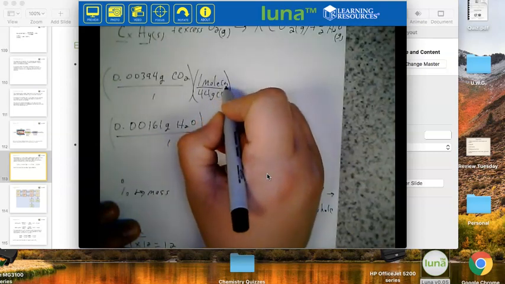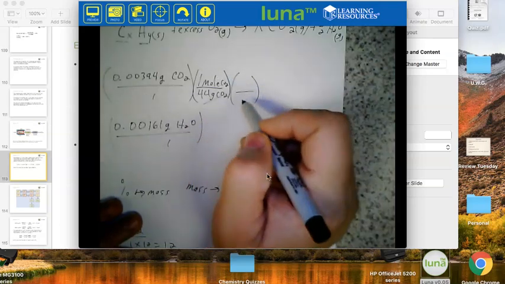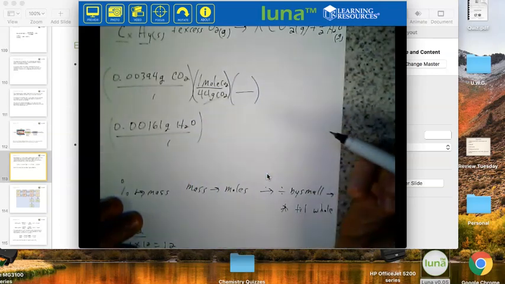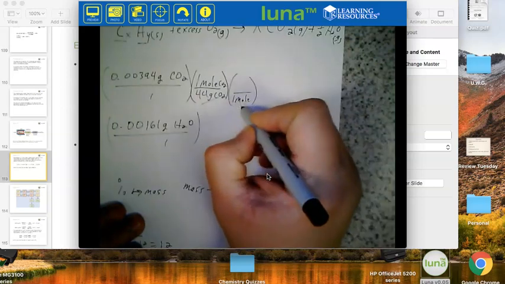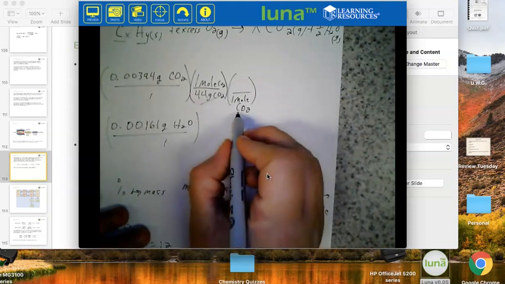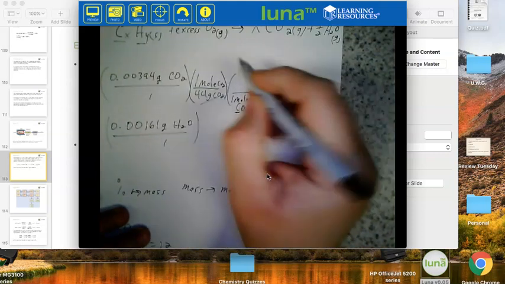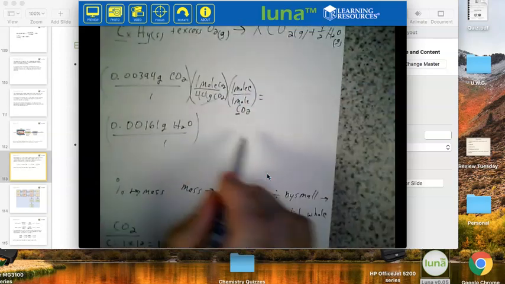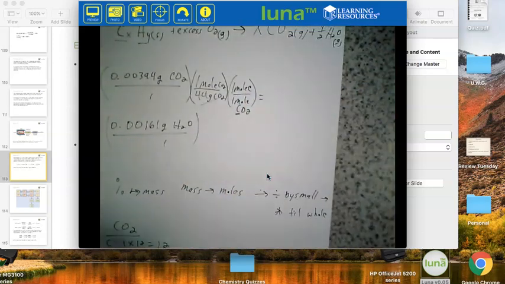Now I have moles of CO2. I need to go from moles of CO2 to moles of carbon. For every 1 mole of CO2, I know you haven't done this yet, but it's pretty easy, there's 1 carbon there, right? So 1 mole of carbon.